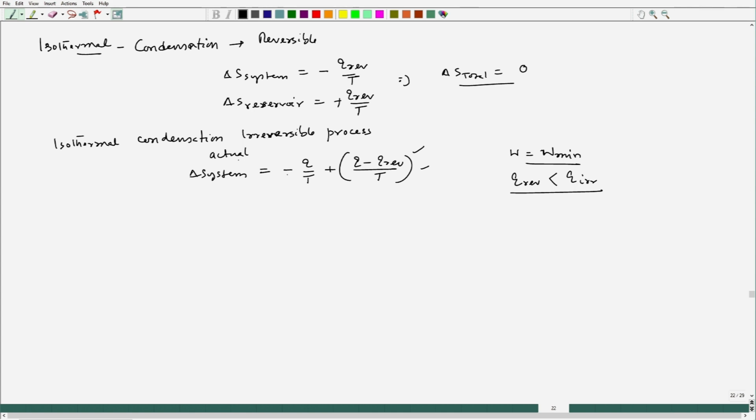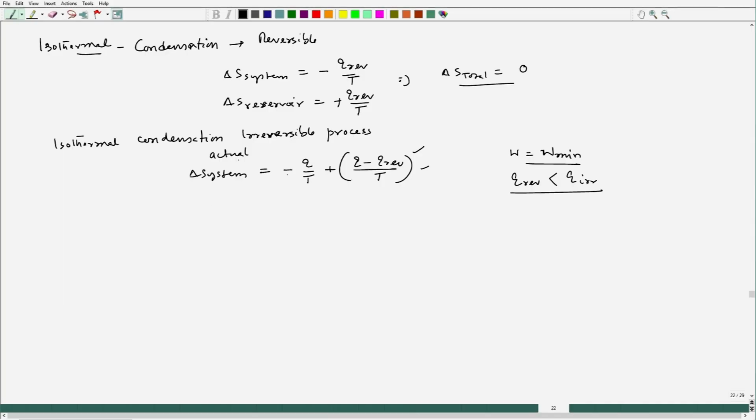So, any work done via irreversible process would be more than the reversible compression, or reversible condensation. It was not the same as what we considered in the reversible case. And this is del S system, and del S surrounding or reservoir would be equal to plus Q by T.